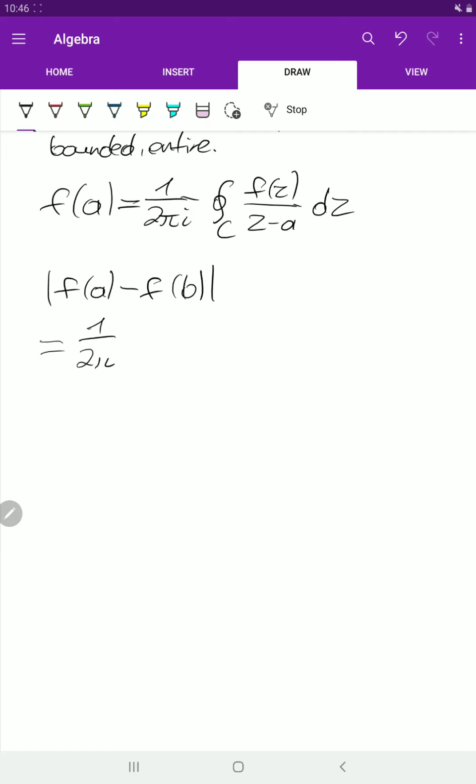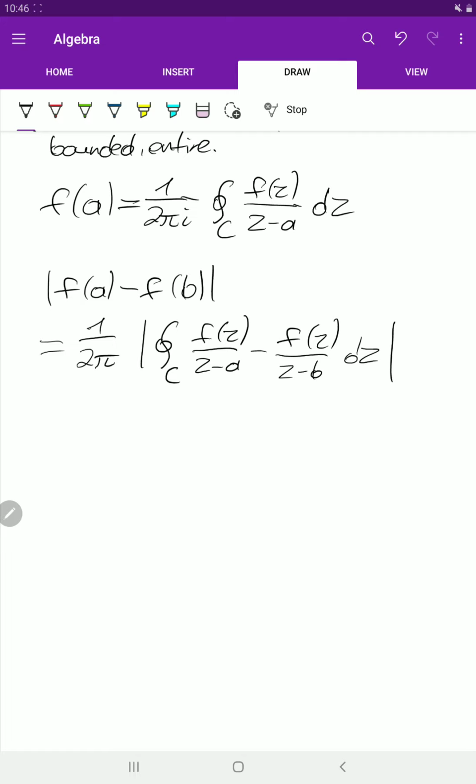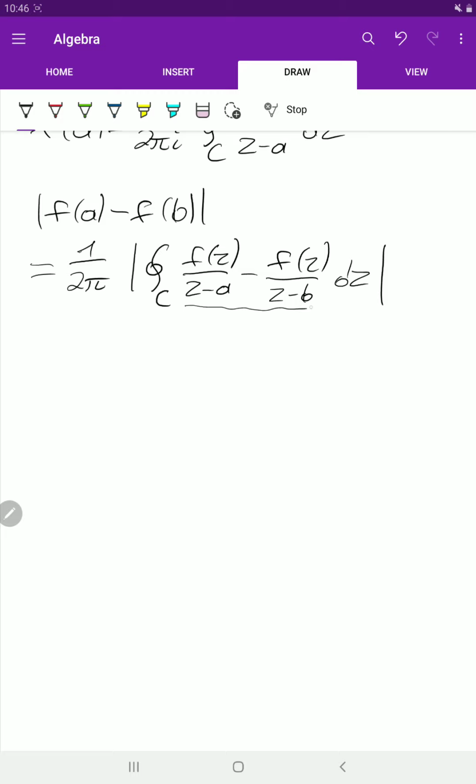We'll see later how we want to choose the curve exactly, but at first we see that we want to have a and b inside of the curve c, so that we can write it like this, so that we have this in the integral.